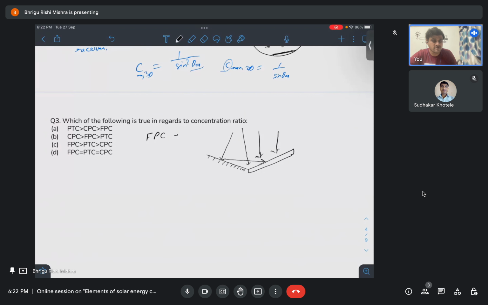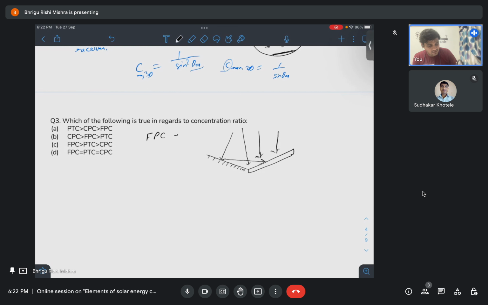Thus it gets more radiation and hence its efficiency increases. So this is the flat plate collector, and it requires very minimal tracking. So it has a very large acceptance angle, and thus its concentration is very low.